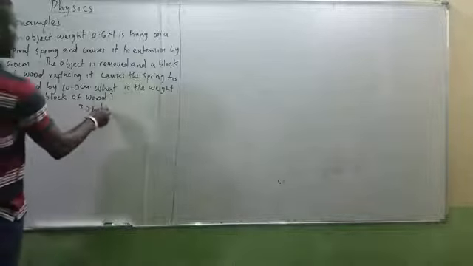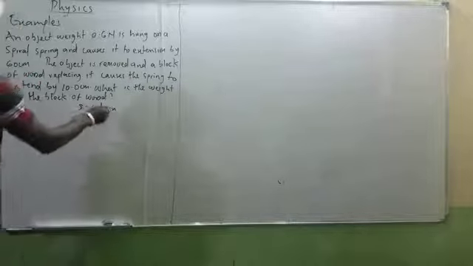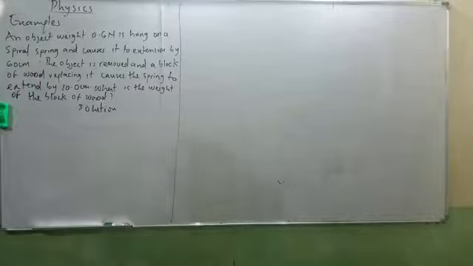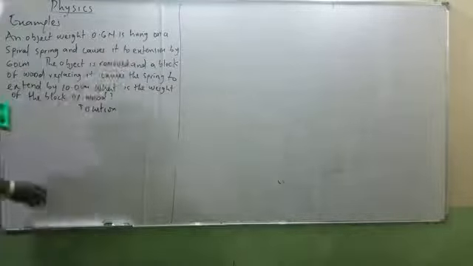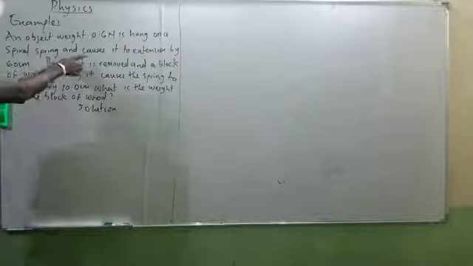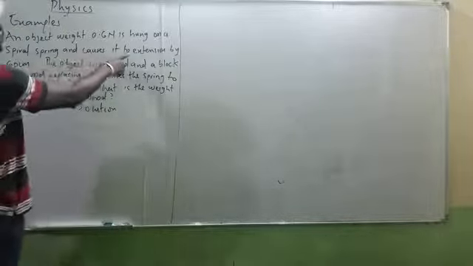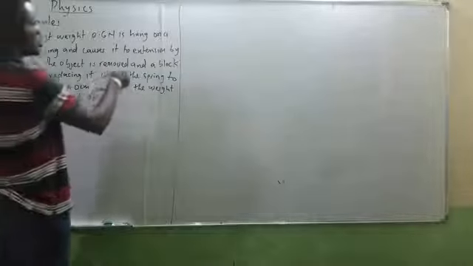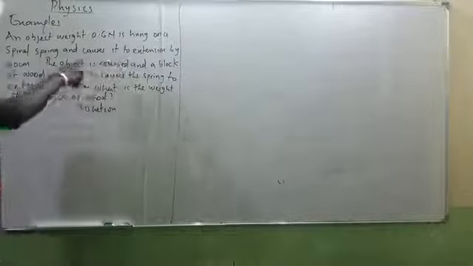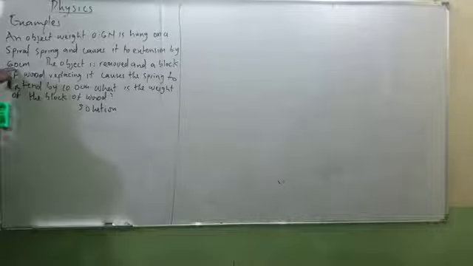It can come out anywhere, in JAMB or WAEC. An object weighing 0.6 Newton is hung on a spiral spring and causes it to extend by 6 centimeters.